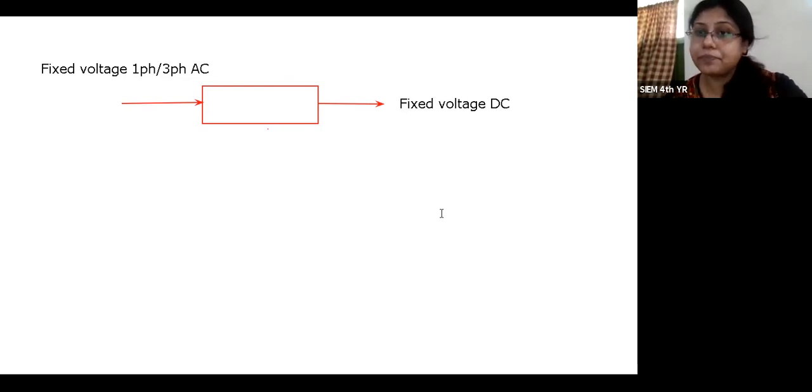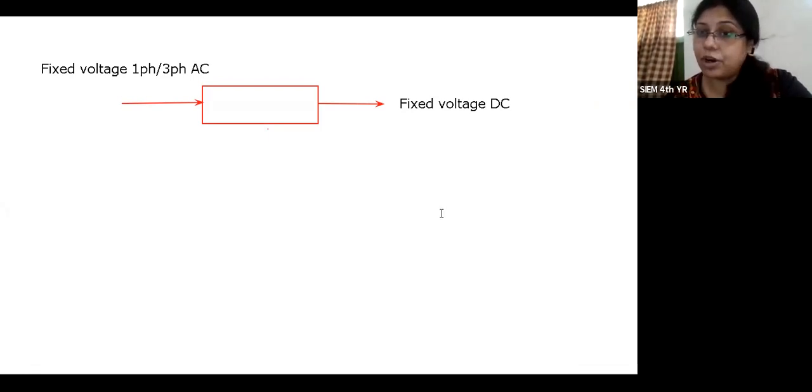Poonam, tell me. Unmute yourself and tell me which kind of device we can use as a power modulator that can change the source voltage as per our requirement, as per load requirement, as per machine requirement.